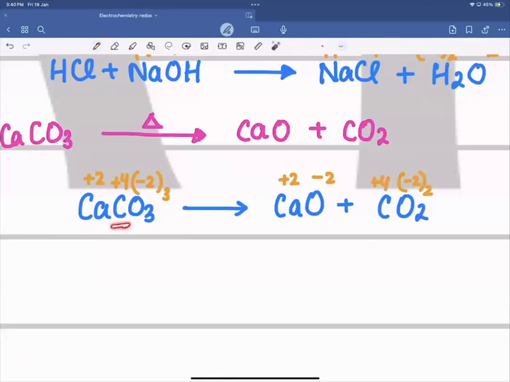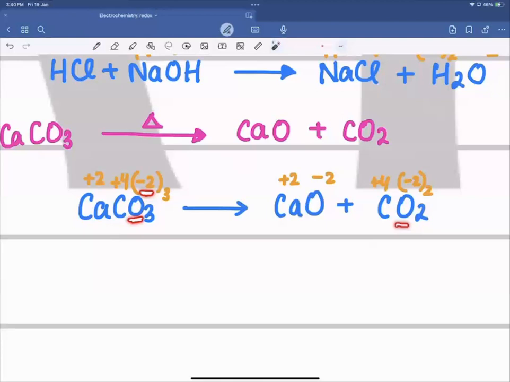See, carbon's oxidation number is +4 over here and also +4 over here, right? Yes. See, Hamza, your mistake: you made this -6 and you made this -4, so you considered it a change. But if you see here, there are 3 oxygen atoms. So one oxygen atom's oxidation number is -2.